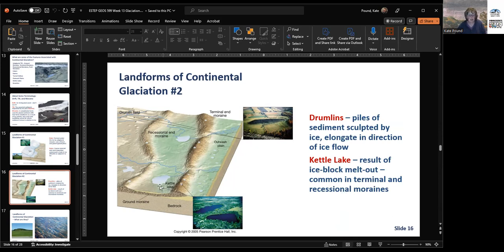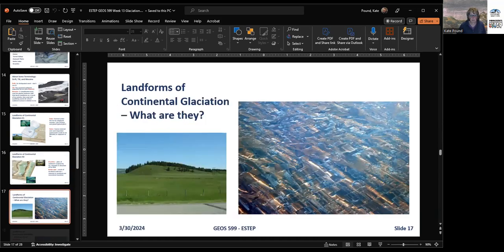That depression, such as here, here, here, will eventually form a lake. It will be filled by water. Heads up. The water in a kettle lake is not glacial water. It's just water that's there as a consequence of the intersection of the water table with the landscape.